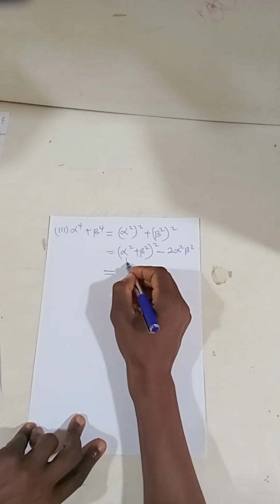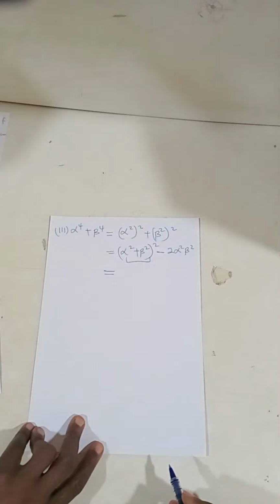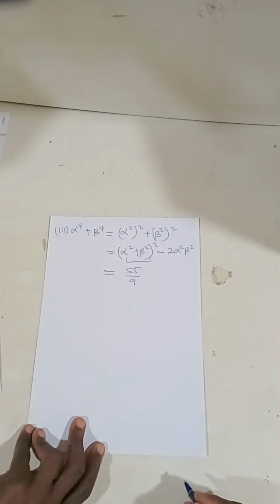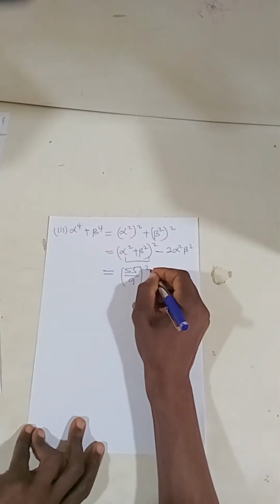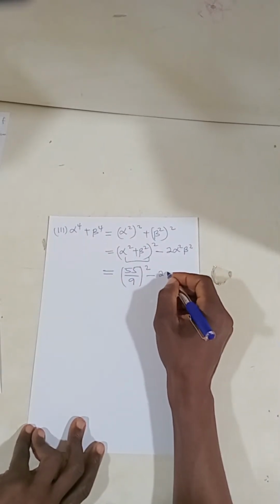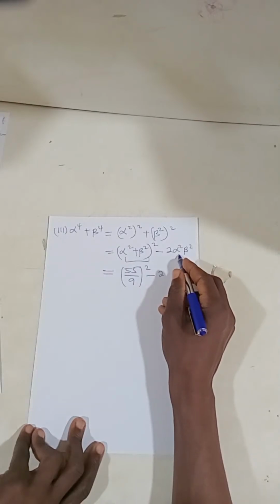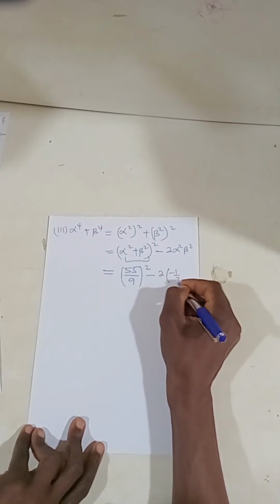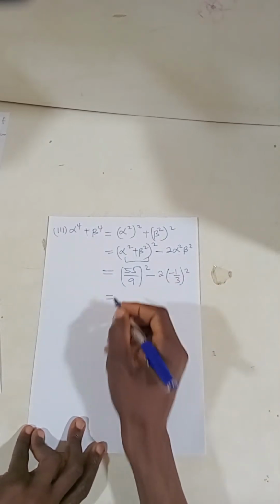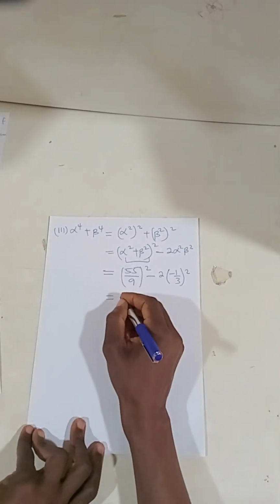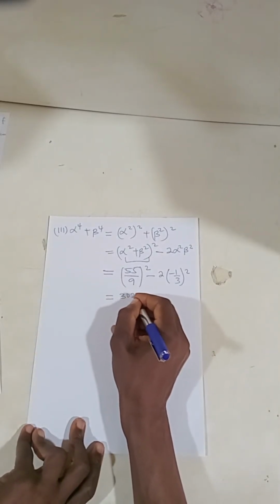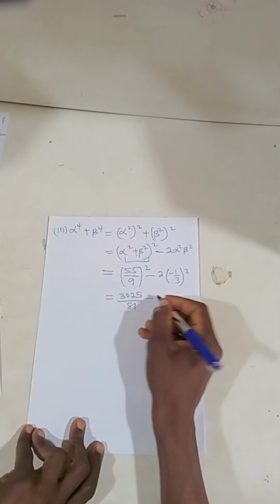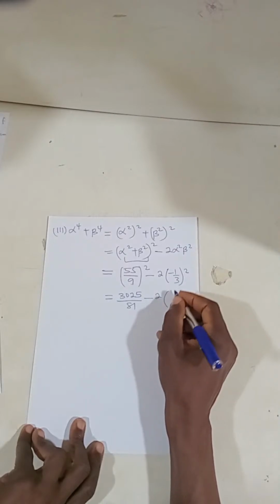Already we have a value for alpha square plus beta square, which is 55 over 9. Square that, and then minus 2 times alpha beta squared, that's minus 1 over 3 squared. 55 squared gives 3025, 9 squared is 81, minus 2 times 1 over 9.